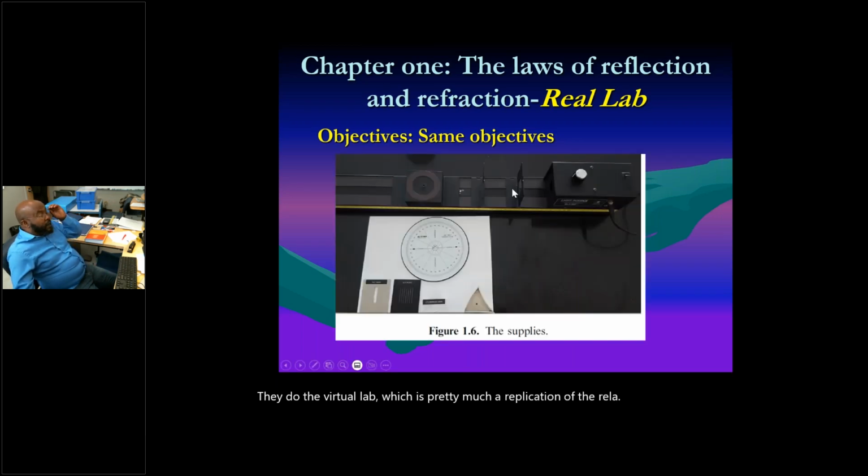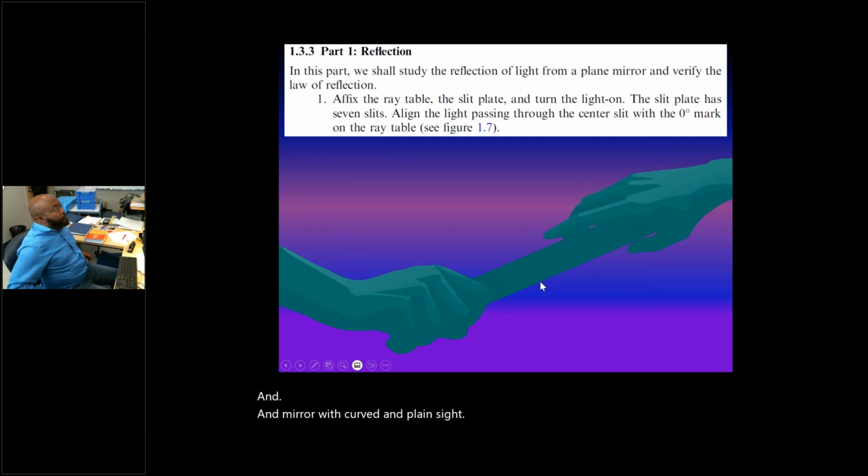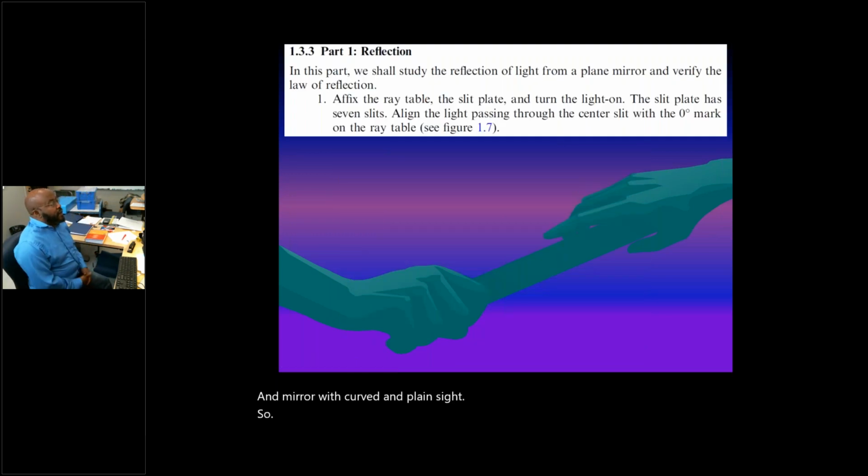So these are the supplies they need: a ray table, a slit mask, a cylindrical lens, and a mirror with curved and plain sides. So again, as we did in the virtual part, the first part is to verify the law of reflection.